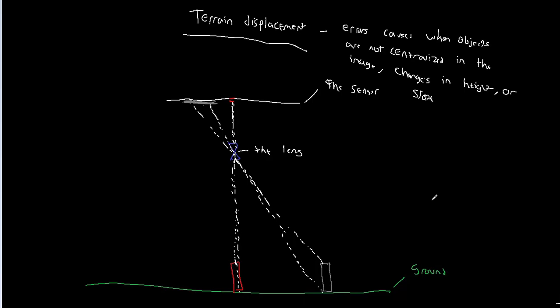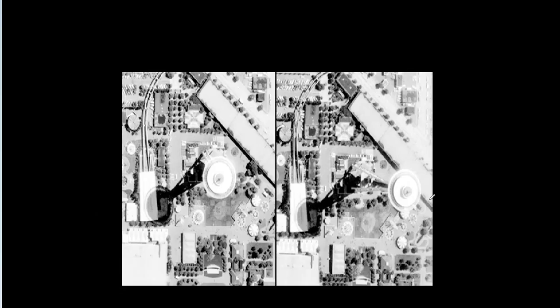What I want to do really quickly is look at a real example. We have an image on the left and an image on the right. This one has been corrected for terrain displacement, and this one has not. And what you can hopefully see here is that in this image, we have the circle of the object straight down.